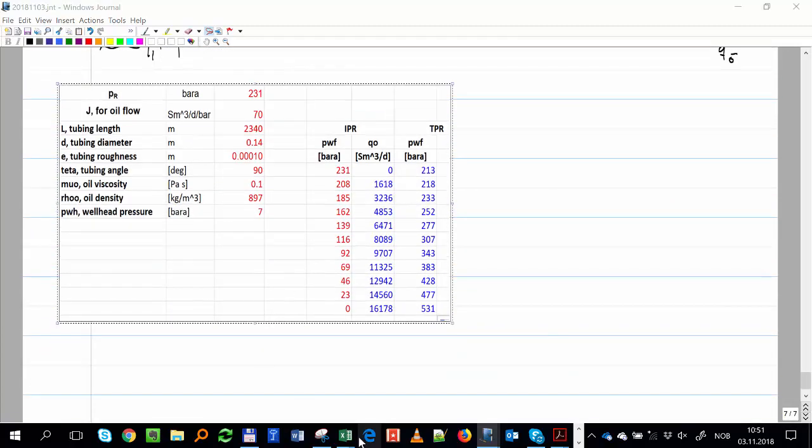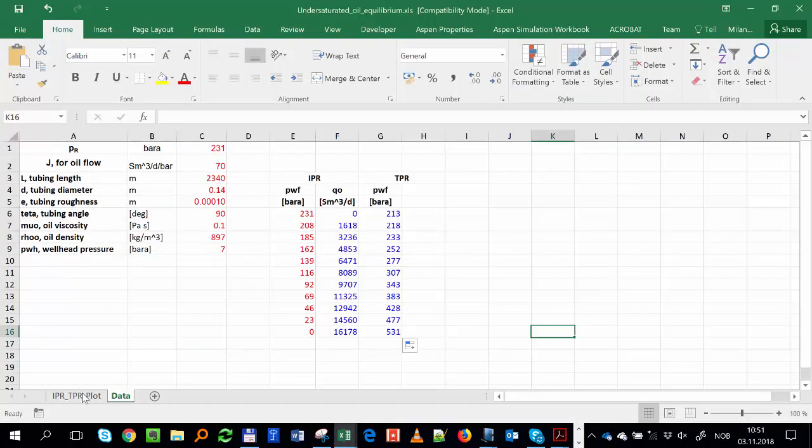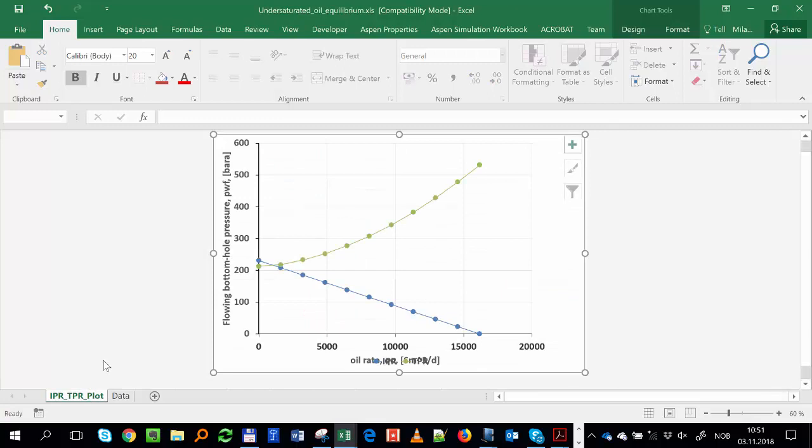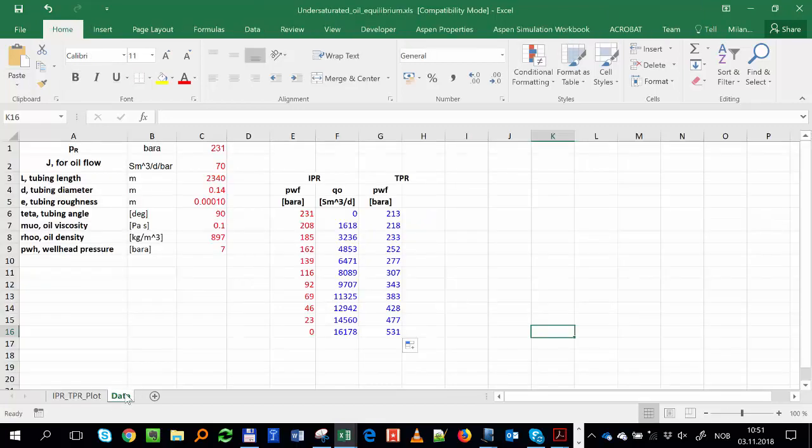Okay, let's see where is the intersection. Where is the intersection? Is here, right? So I'm producing, let's calculate exactly what is the intersection. How did we do that last time? We said we had to create another cell, right?